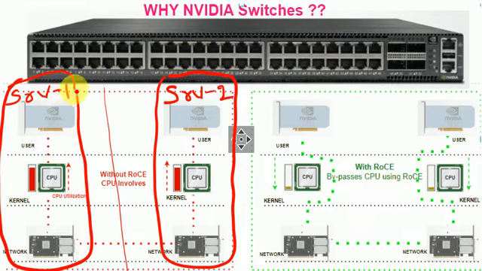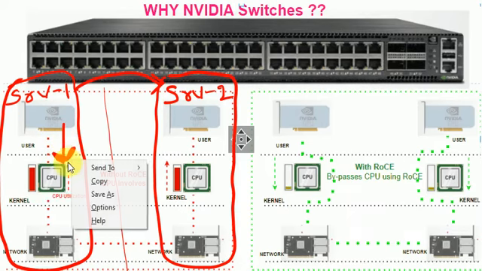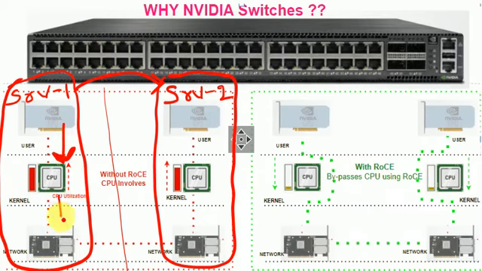Now when server 1 is communicating to server 2, what are the packets it's sending? It has to pass the server CPU first, and then it has to process it, and then send to the NIC. And here we will be having a switch, a network switch.